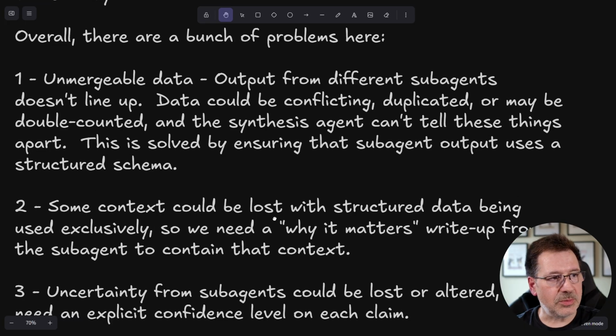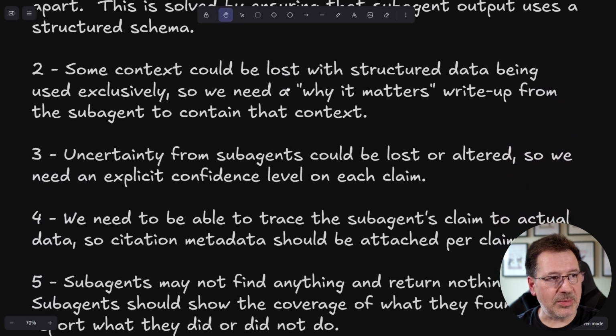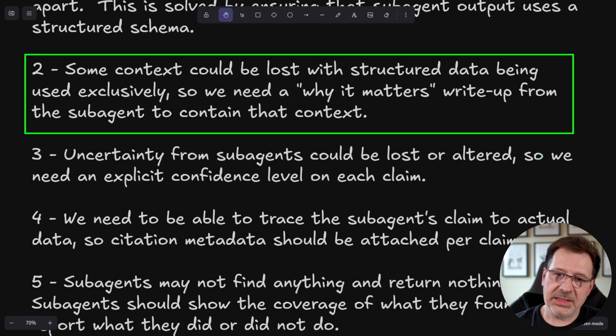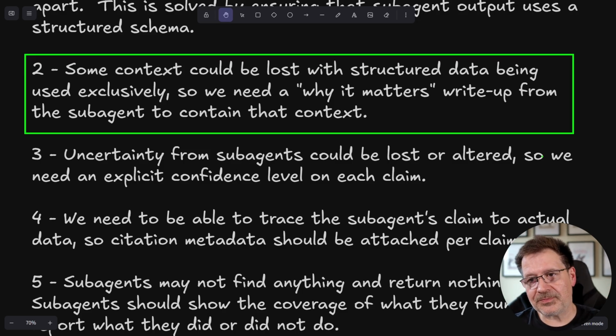But of course, this brings up a second problem. And that second problem is that when you lose that open-ended text, you may also lose the why it matters. And this is important because you may know that an agent came up with this particular summary and is basically telling you, well, this is a high priority thing that you have to deal with.